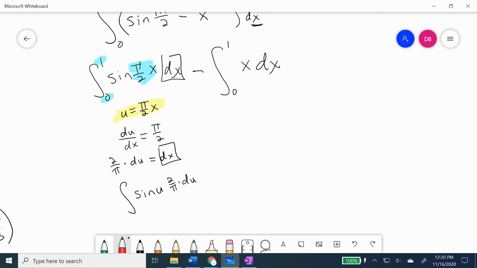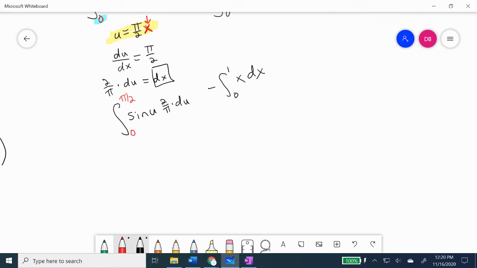So that means when x is equal to 0, plug it in to this x, u is equal to 0. When x is equal to 1, plug it into this x, pi over 2 times 1 gives me pi over 2 for the u. And now I'm not going to go back to x with that one. I'm going to work on the other integral real quick and just bring it down over here. It is staying with respect to x.